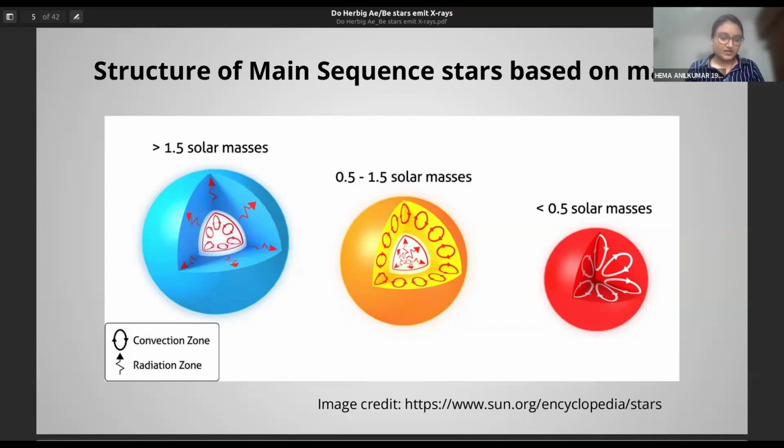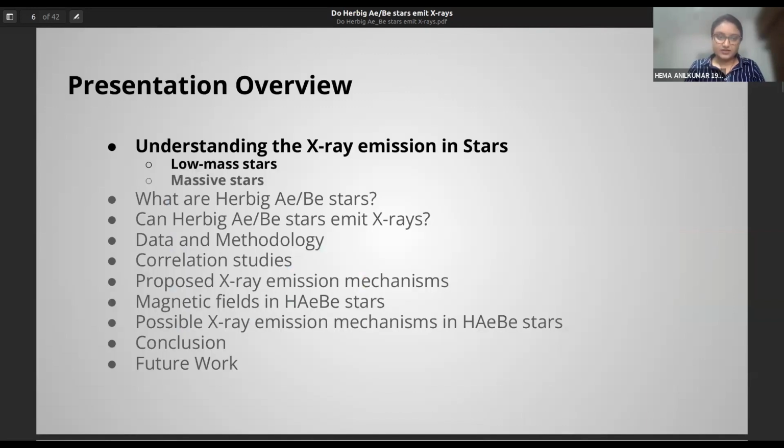So the interaction between the convective layer and the differential rotation generates what's called the alpha omega dynamo, and this dynamo is responsible for the generation of X-ray emission in the Sun. Now moving on to the low mass stars. These stars are more convective in nature.